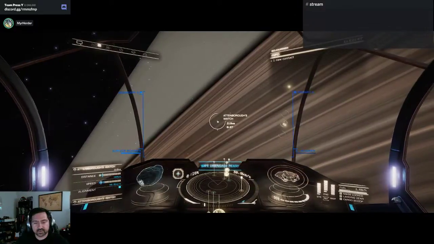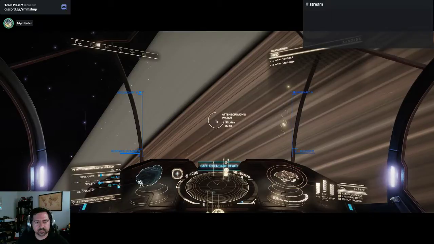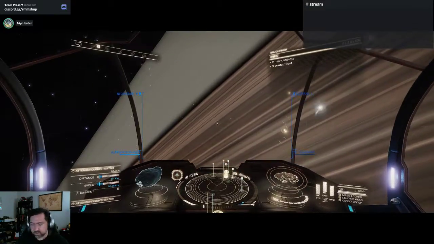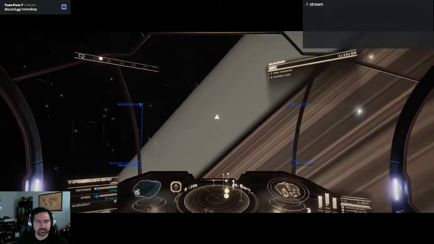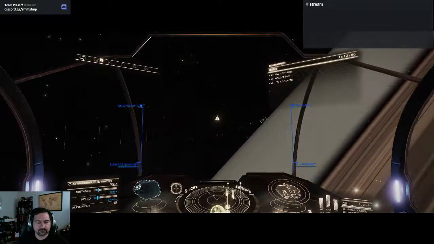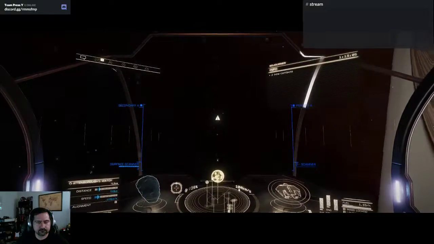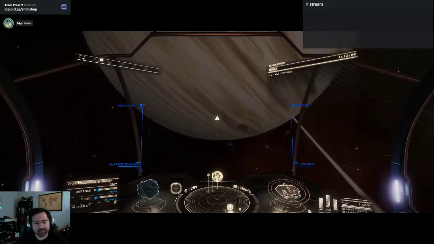I could drop out, but I'd be about 1,000 kilometers away, so I'm going to wait till I'm closer to 100 kilometers. And my mouse key did not work, so we flew right past it.